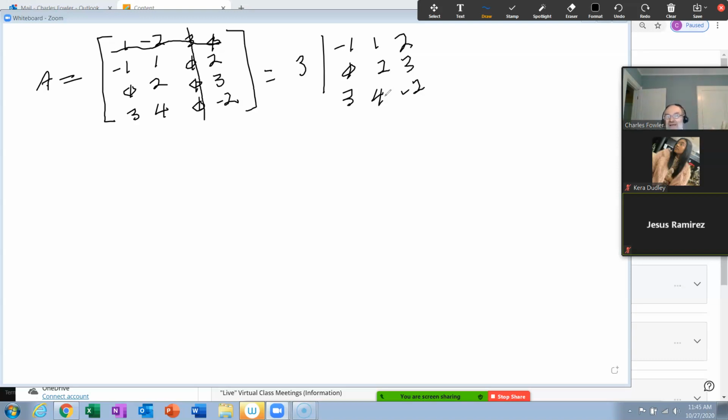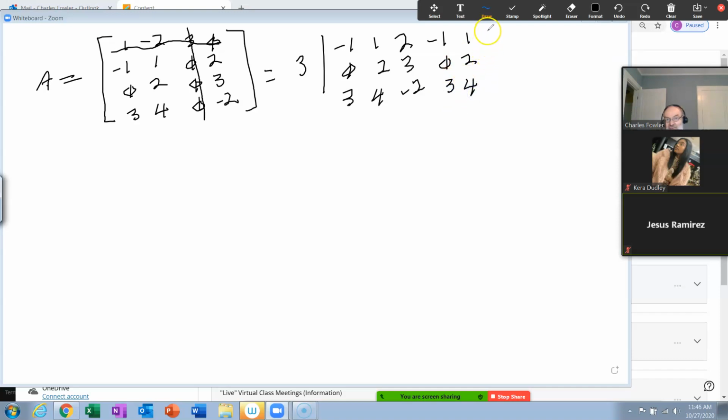But look, when you get down to a 3 by 3, do the easy step. You don't have to do cofactors anymore. If you did cofactors, you would choose either the first column or the second row because that has the most zeros in it. But guess what? Just do with what you got. Repeat the first two columns: -1, 1, 0, 2, 3, 4.